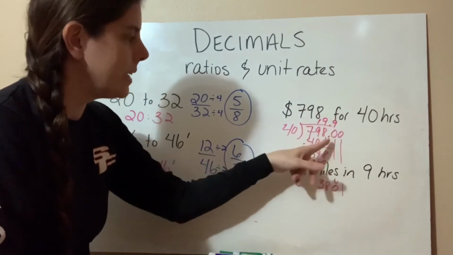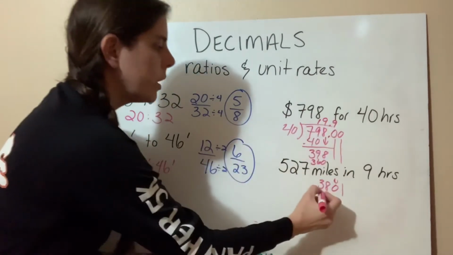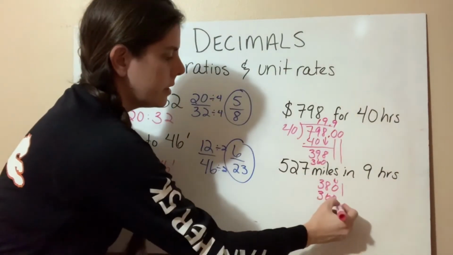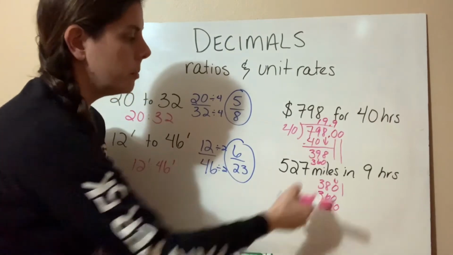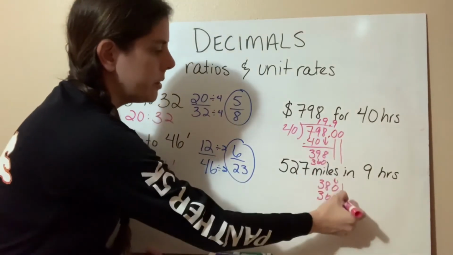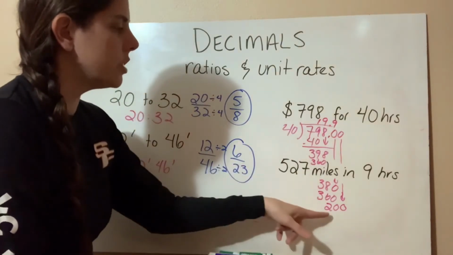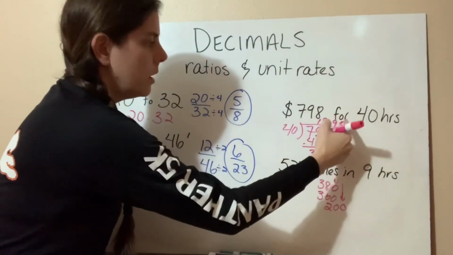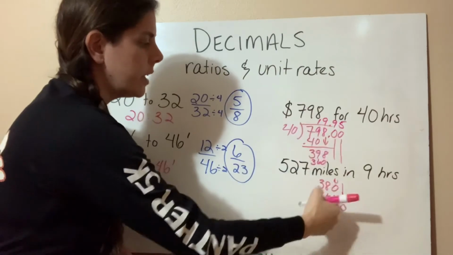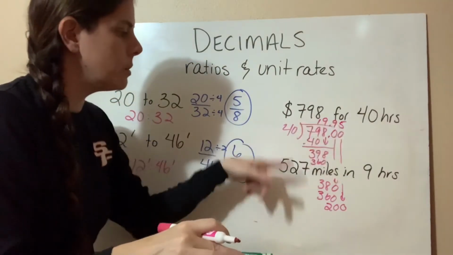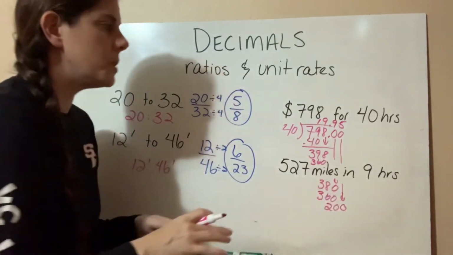It'll go into it 9 times again. 9 times 40 is going to give us 360. And that's going to give us 20 left over. We bring down our 0. And 4 goes into 20 5 times. So 5 times 40 equals 200. And then we've evened out. We'll have a remainder of 0.